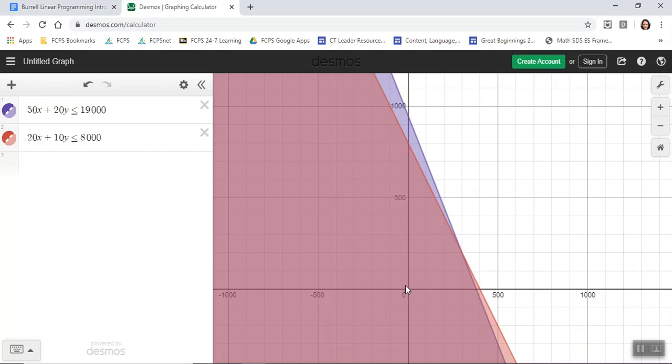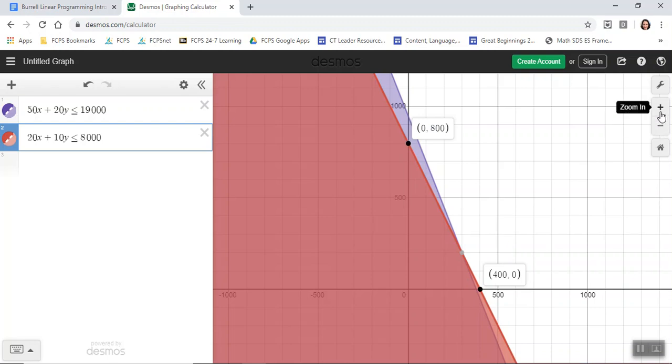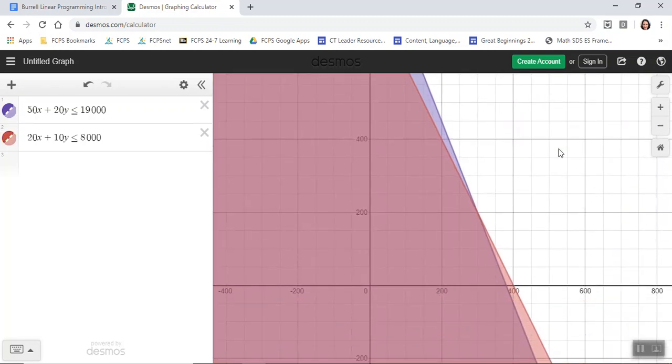So we have 0, 0, we have this point 0, 800, 300, 200, and then over here, it's not that point. Nope, that's not it either. I might need to zoom in more. 380, 0. Alright, so we're going to take a minute to write those points.